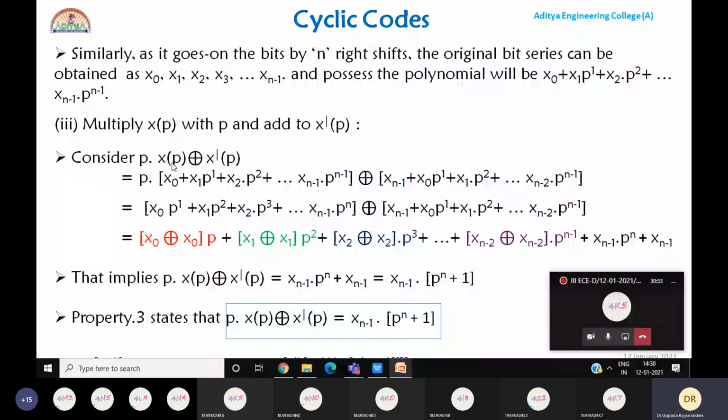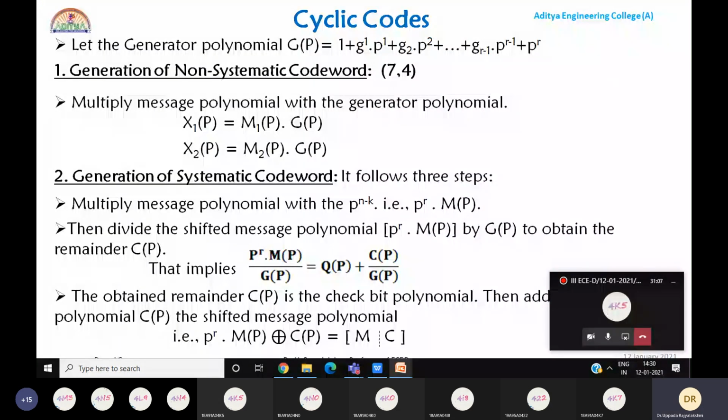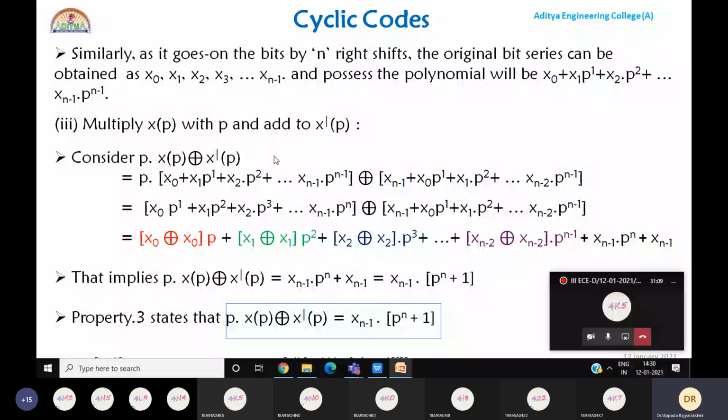Take the XOR of p into x of p with the x dash of p, then you will get x(n-1) multiplied by p power n plus 1. Okay. So in the examination, they will ask you to prove this relation.